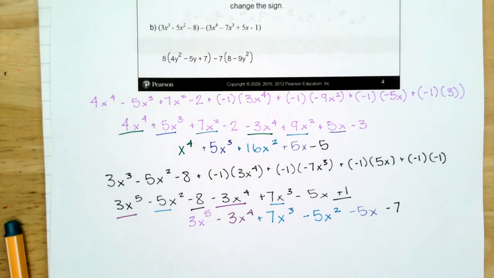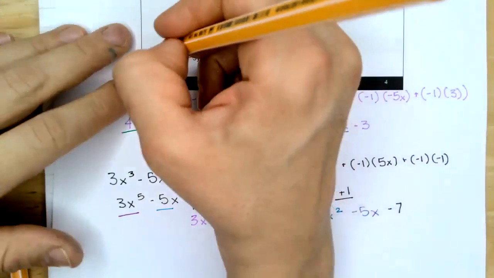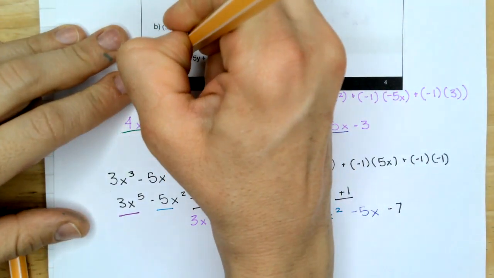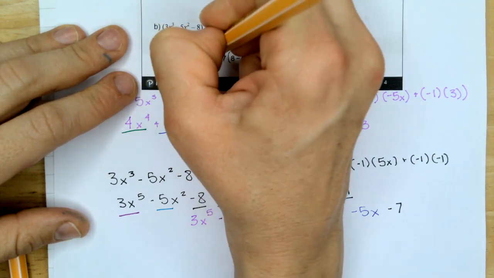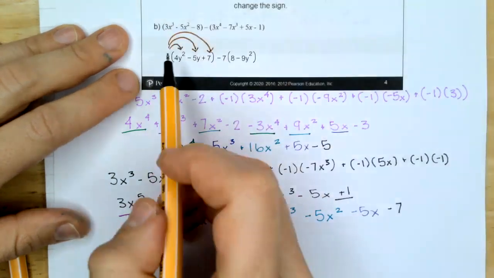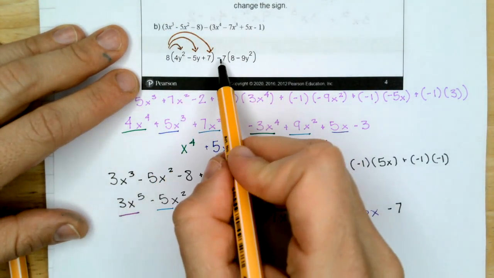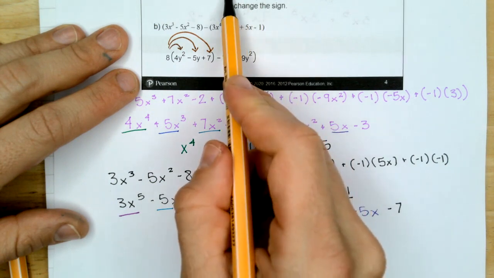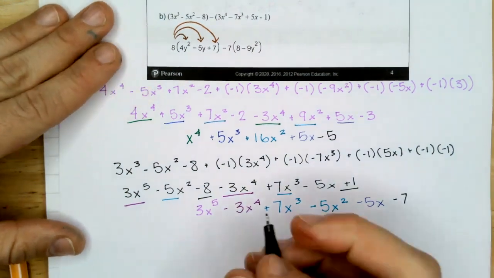Good. All right. I added on an example because I want to make sure that you understand how to distribute a single term through the parentheses. So what this means when we have 8 times outside the parentheses is we're taking 8 and multiplying it by the quantity 4y squared minus 5y plus 7. We're taking negative 7, and just like we did negative 1, negative 7 times 8, negative 7 times a negative 9y squared. Okay?